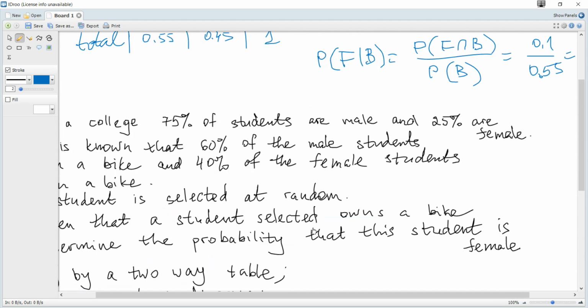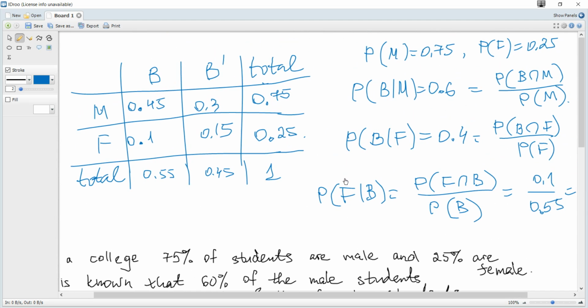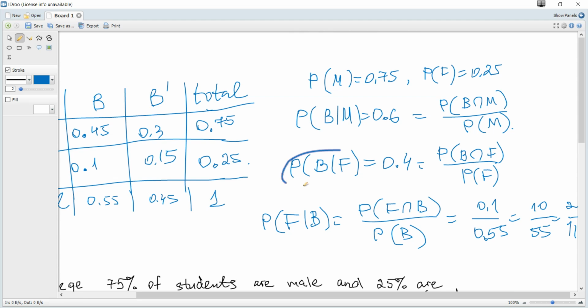So this is actually bike given female, it's this as a formula.